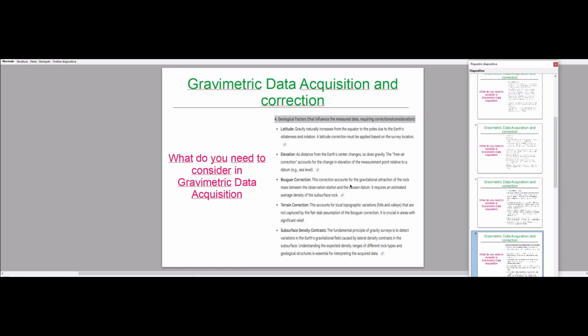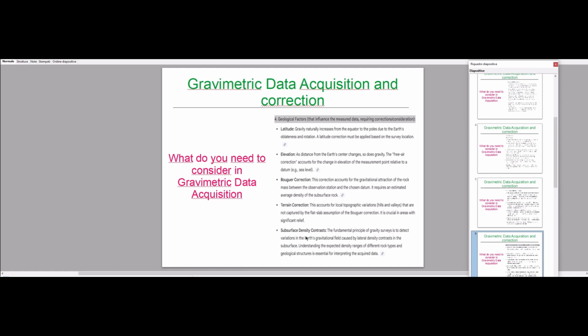It is important also to understand the topography factor and projection, the scope of work and projection. The terrain correction accounts for local topography variation, hills and valleys, that are not captured by the flat-level assumption of the Bouguer correction. It is crucial in areas with significant relief.